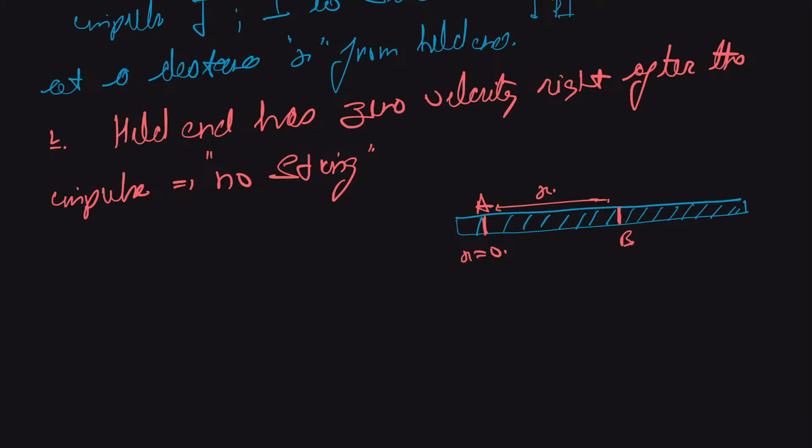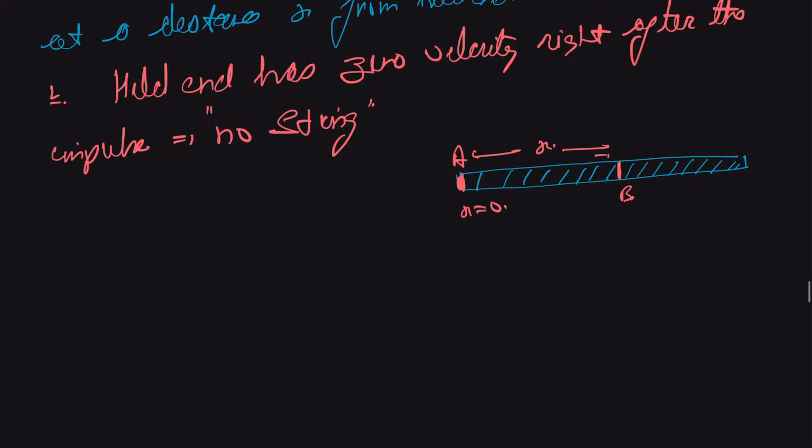And the center of mass, this is our point A at the extreme end, and the center of mass has a distance of L/2 from A.